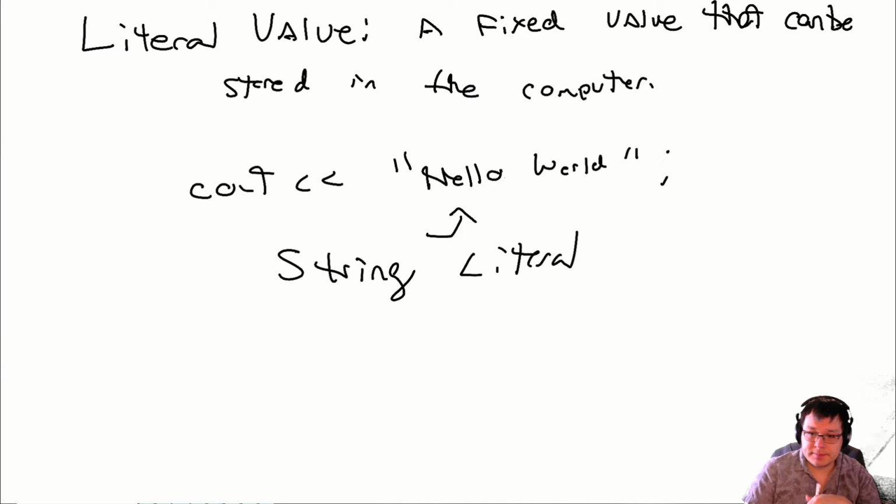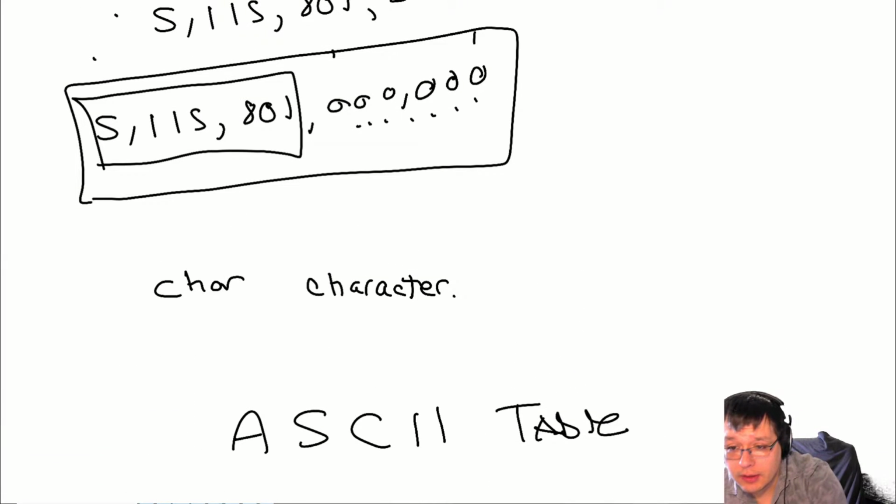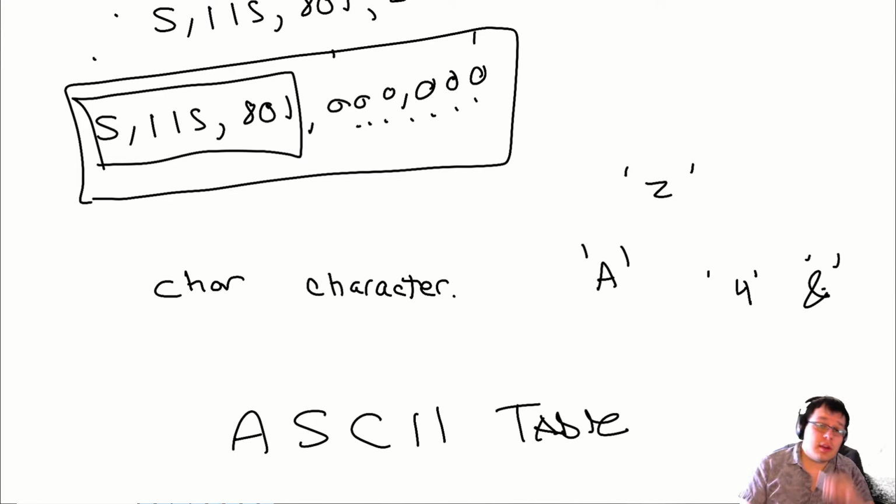Okay? By the way, with a character, you wrap them in single quotes, not in double quotes. You're not actually going to put the numbers in quotes. You could do something like char c gets 64.